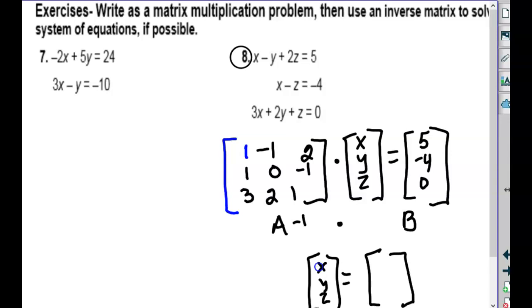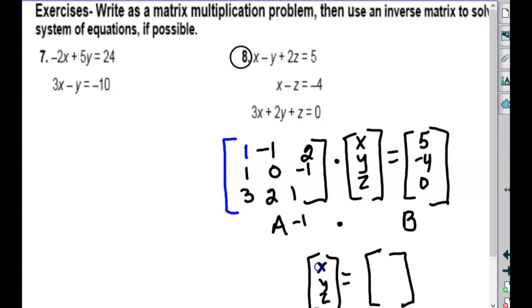So then I go to the home screen, I put the name of A, then I do to the -1 times the name of B. Did yours work?